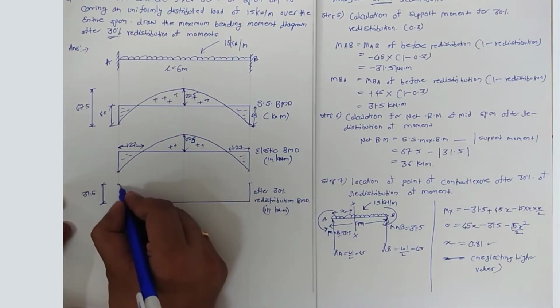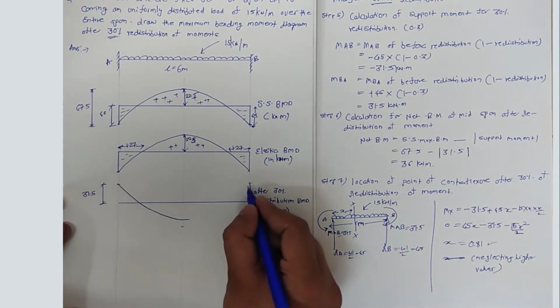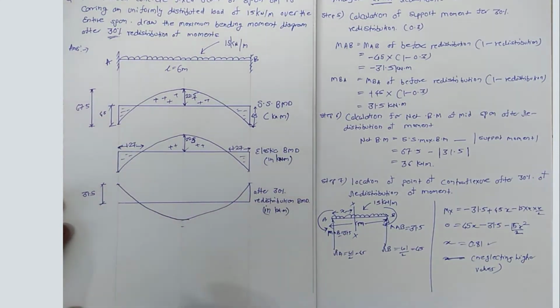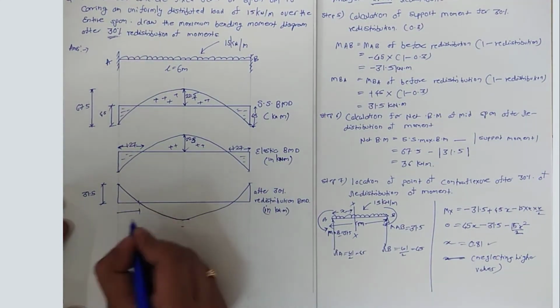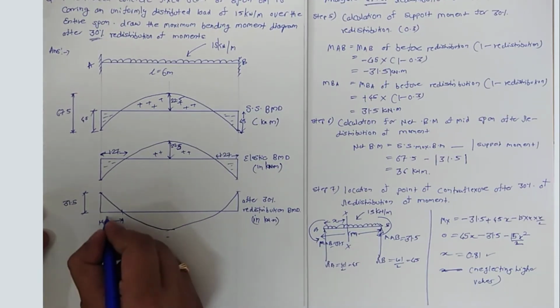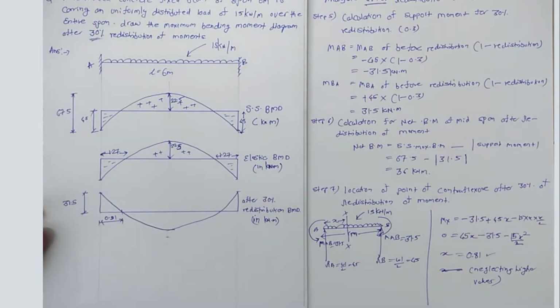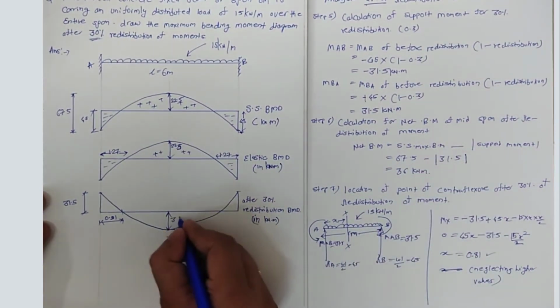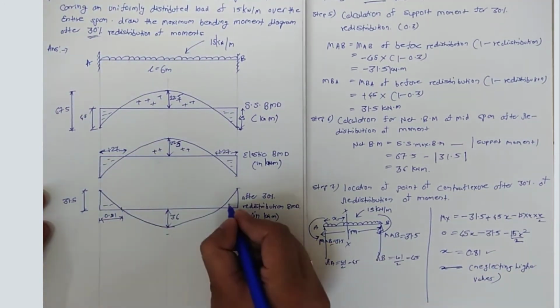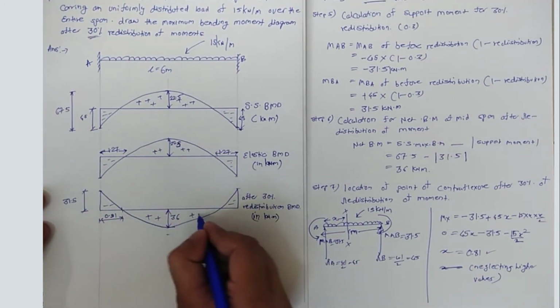This distance we have got now 0.81, and this also we have calculated, which is 36. So this is minus, this is plus.